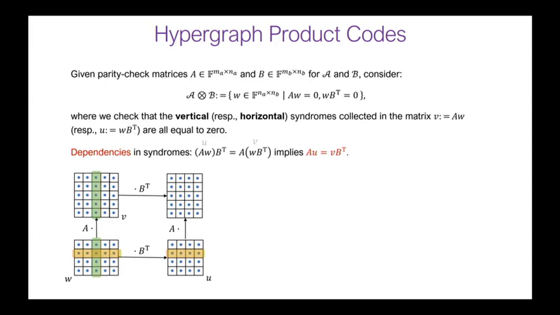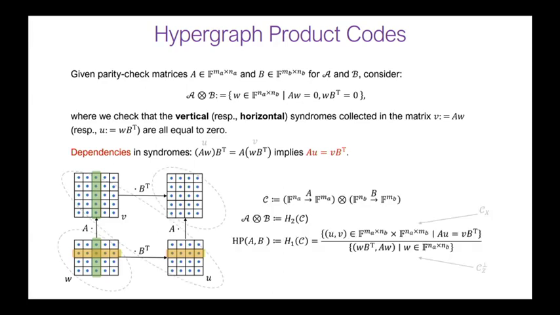And you can see these dependencies from this very simple equation. If we have syndromes U and V, then they should satisfy this additional equation, this additional dependency. And now what we are going to do is consider this system as a chain complex. So we divide it into 3 parts.